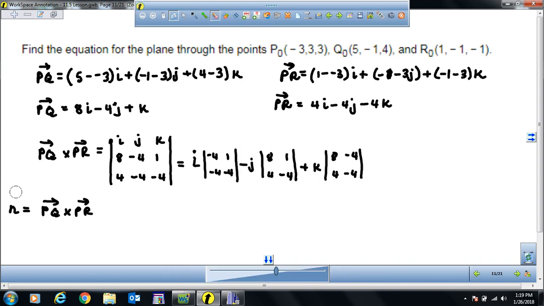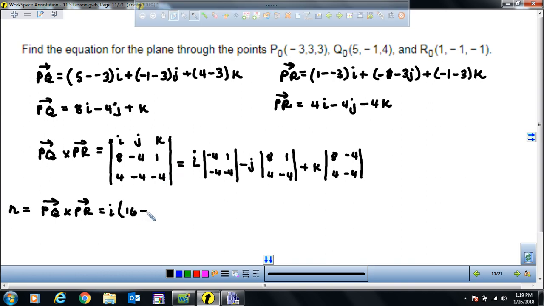Okay. So that's going to give us i times positive 16, negative 4 times negative 4 is positive 16, minus negative 4 times 1 is negative 4, minus j times, and in this case 8 times negative 4 is negative 32, minus 4 times 1 is going to be 4, and then plus k times 8 times negative 4 is negative 32 minus negative 4 times 4 is negative 16.